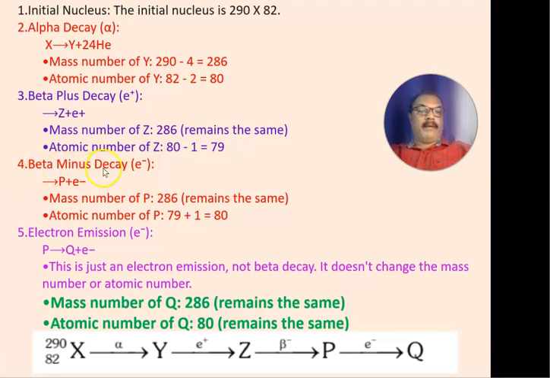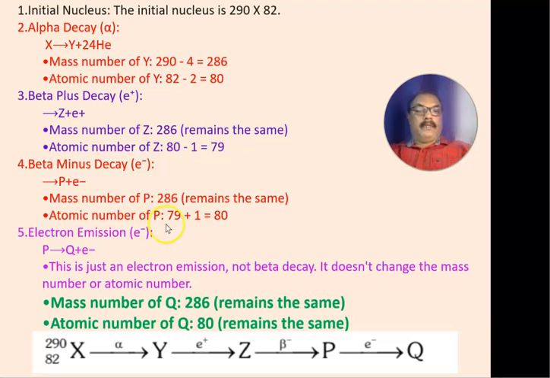Then next, beta minus decay: when beta minus decay takes place, a neutron transits into a proton and an electron. The electron is given out. When the electron is given out, the proton number will increase, so the atomic number increases by 1.